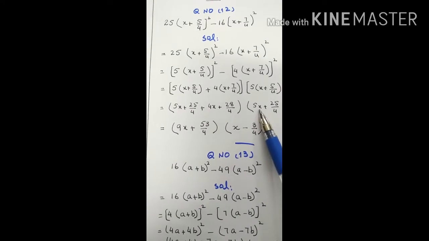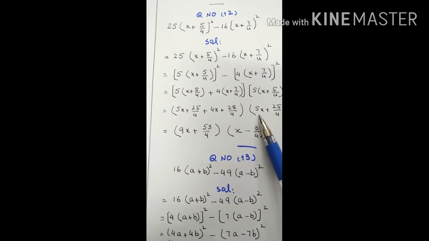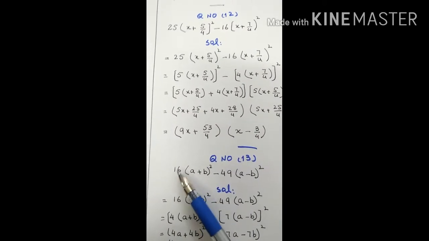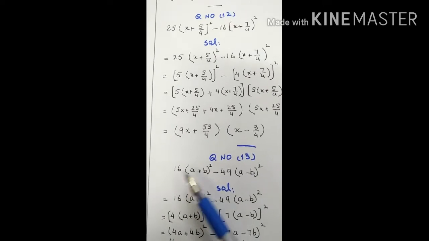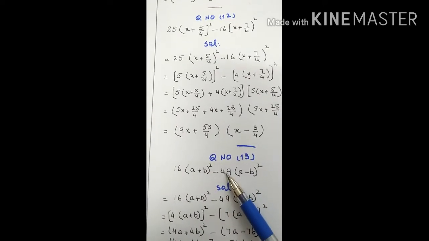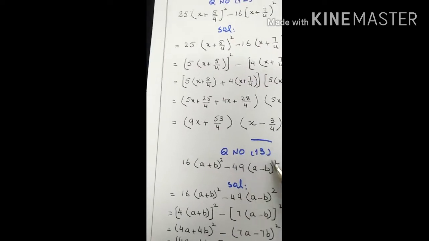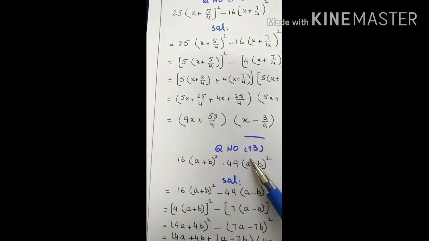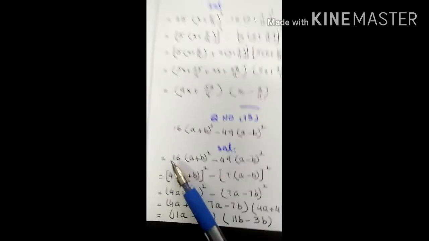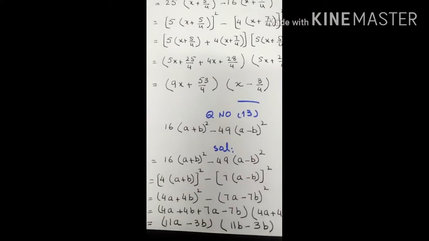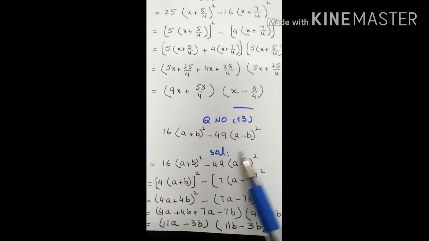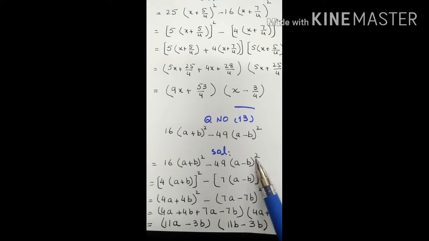This is almost the same question as we did in question number 12. 16 is the square of 4, 49 is the square of 7. So we will convert this whole in the same squared form. First of all, rewrite the question.